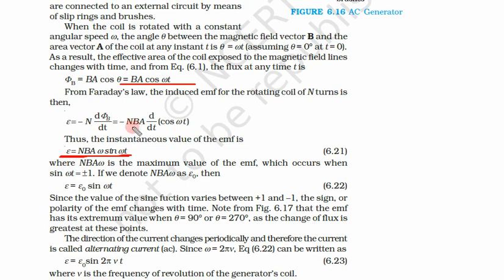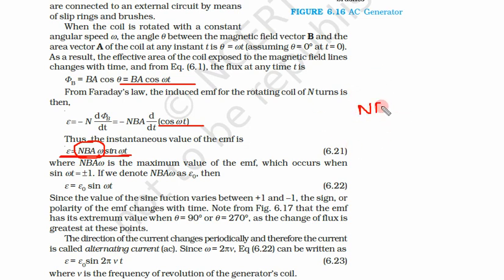Because n is a constant, B is a constant, A is a constant. When we differentiate this cos omega t, we get minus omega sin omega t. So omega is here, minus minus becomes plus, sin omega t. Now because omega is constant, we are rotating with a constant rotational speed.